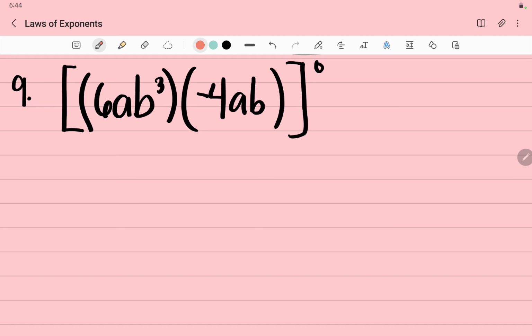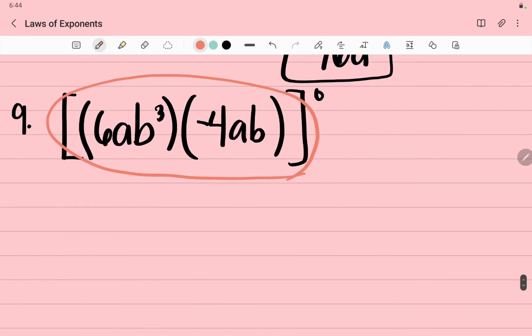So it means that the whole of this is raised to 0. Now, what do you think is the answer? Very good. Remember that any number, any letter raised to 0 is 1.